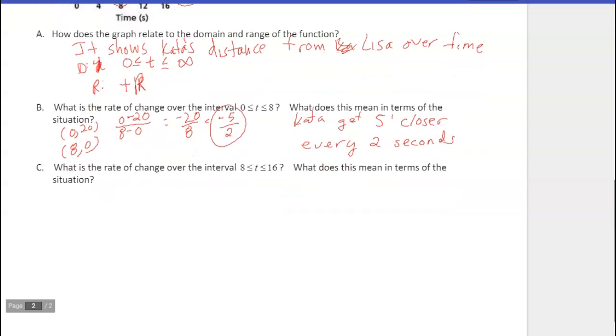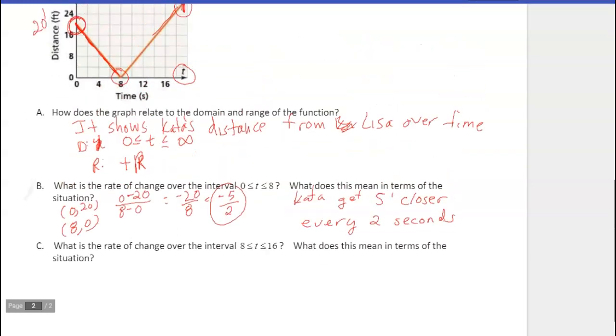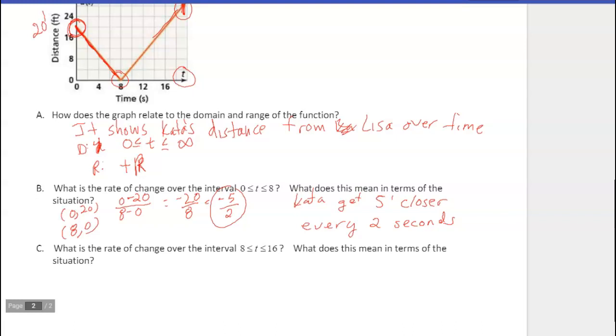And then it says, what is the rate of the change over the interval from 8 to 16? So we still have that 8, 0. And our other one is 16, 20. So now when I do this one, because now we are heading up in a positive direction, so we're going to have a positive slope. If I did my slope here, I would have 20 minus 0 and 16 minus 8.